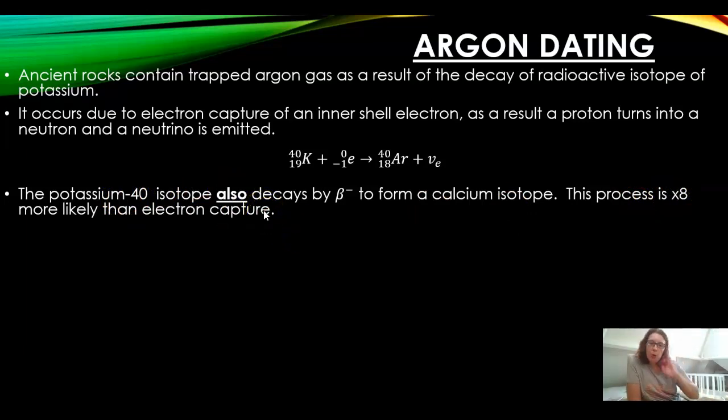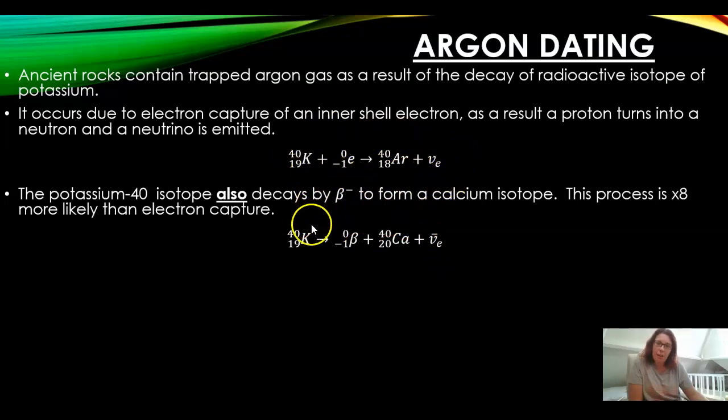So you've got two processes going on at the same time. You have this process of electron capture, and then you have this process of potassium 40 decaying by beta minus. And this one is 8 times more likely than this one. So what that means is 8 of these occur for every one of these.